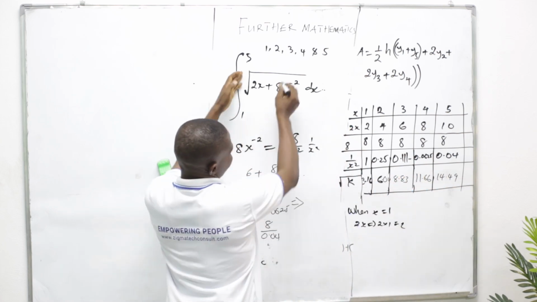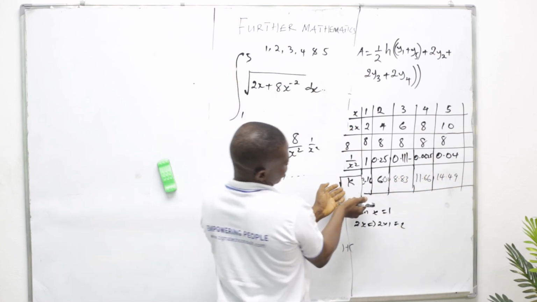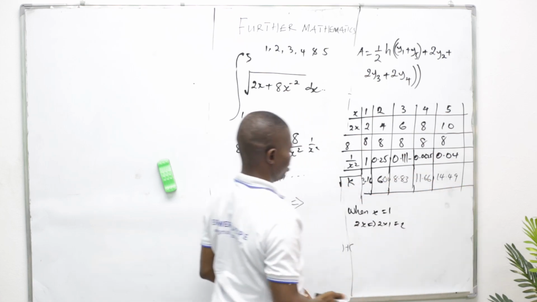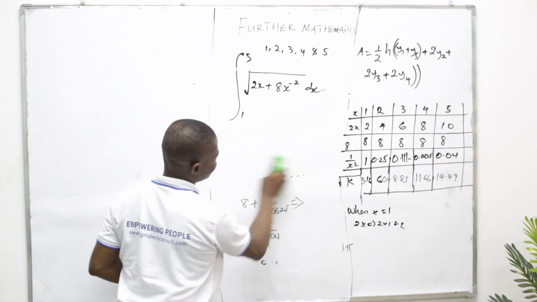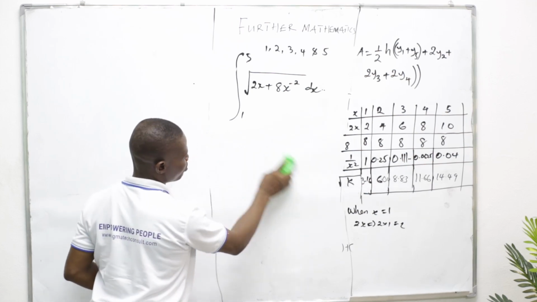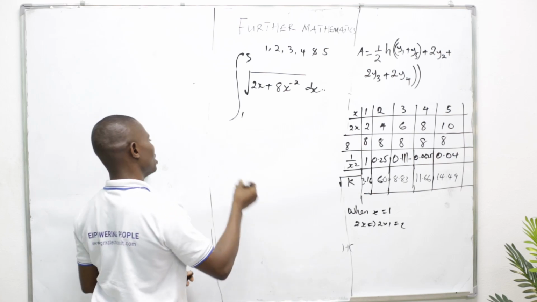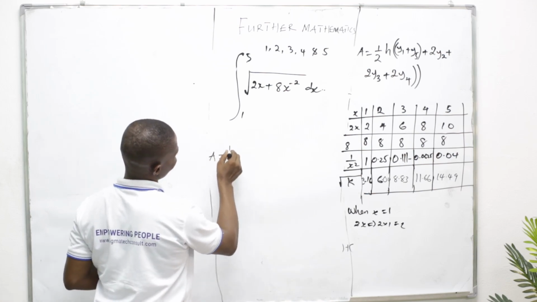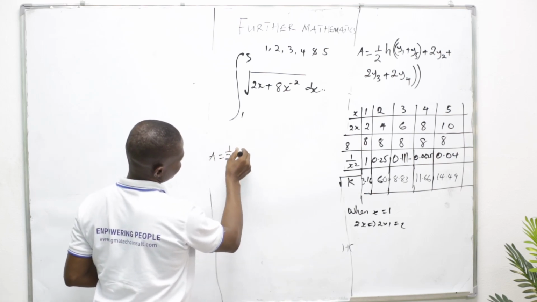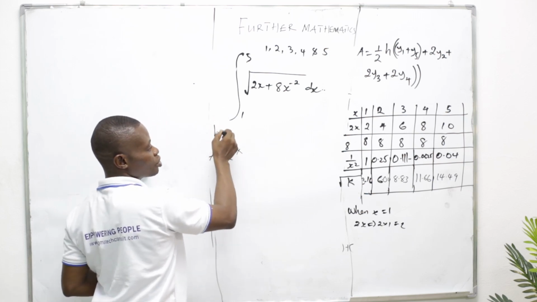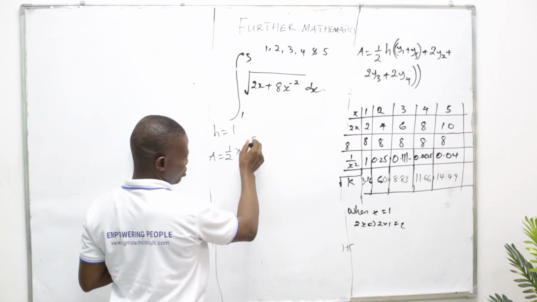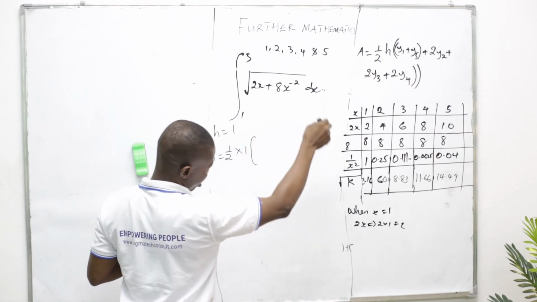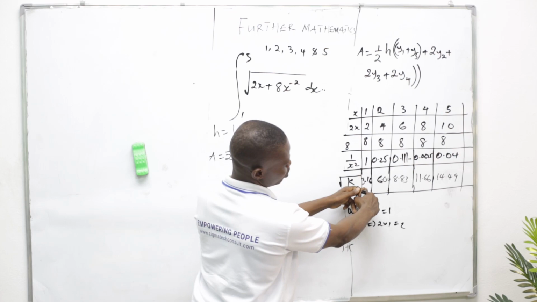Now, whatever you're seeing, can you see this? It has been interpreted here. Now, go back to the formula. Like we said before, we are going back to our formula. Recall that A equals 1 over 2 times h. Remember our h was 1. I said times 1, okay? The first one, y1. Where is our y1? 3.16.